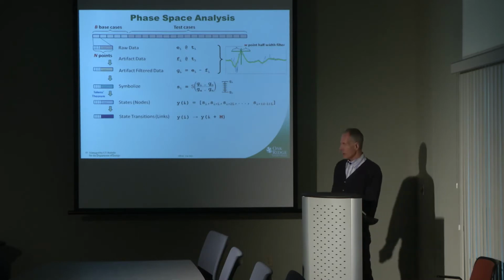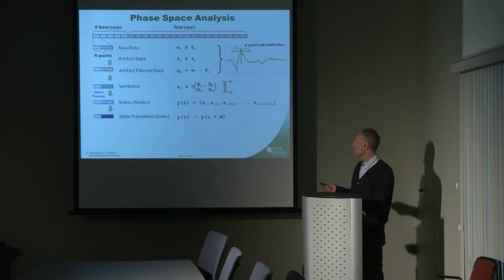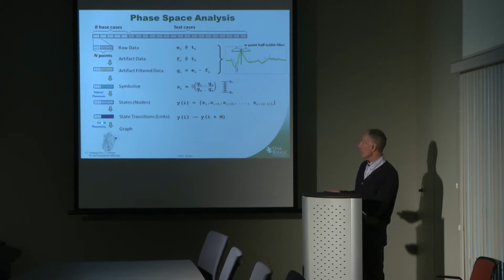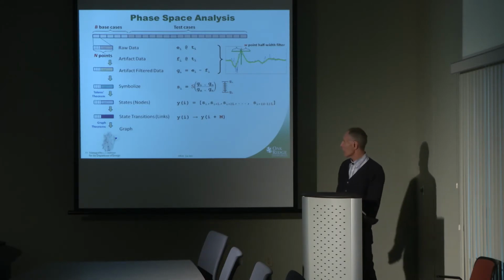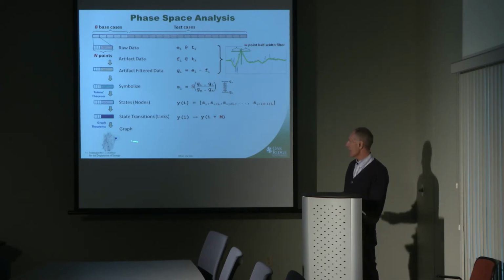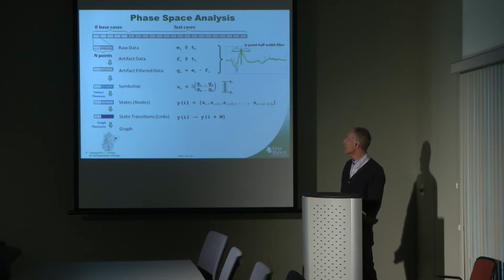In graph theory, mathematicians have theorems which allow one then to form a graph. So graph theorems are well developed in mathematics, and this is a real graph with nodes and links based on real data from these brainwaves. So this is an example of what a real graph looks like. So what does one do then with this abstract object, this graph?